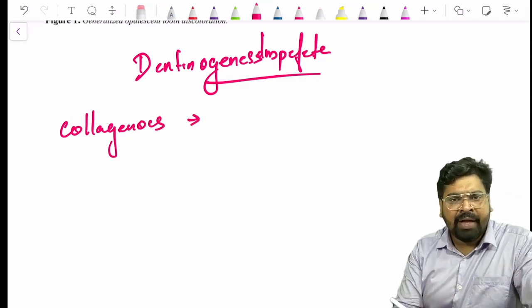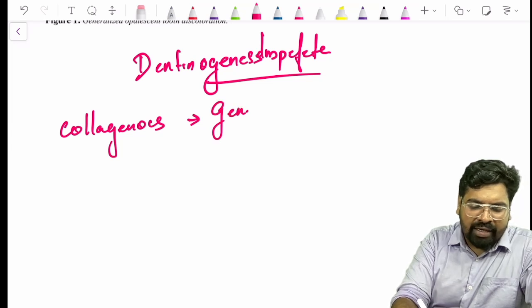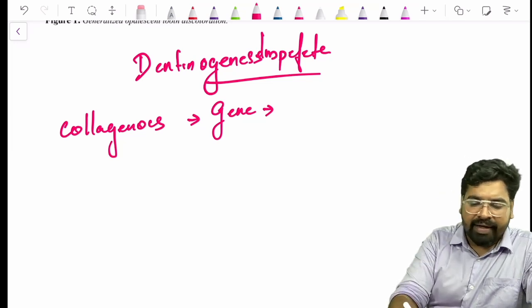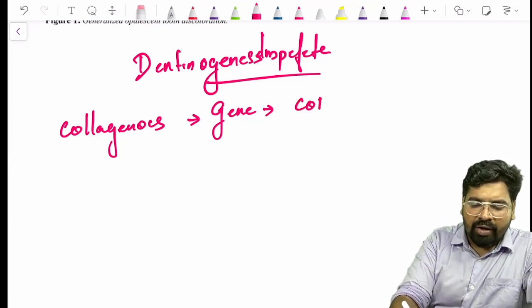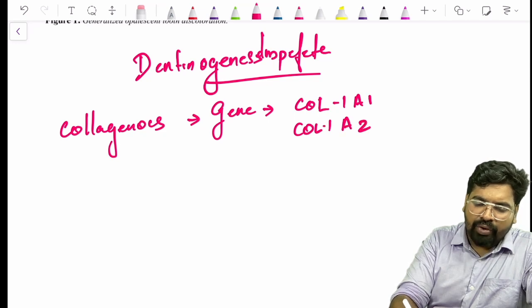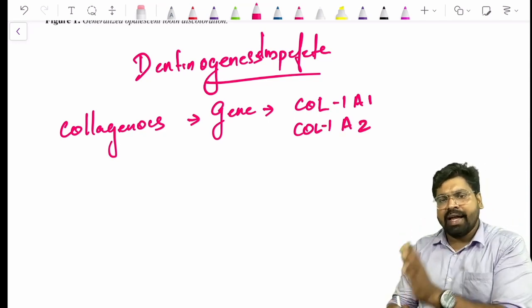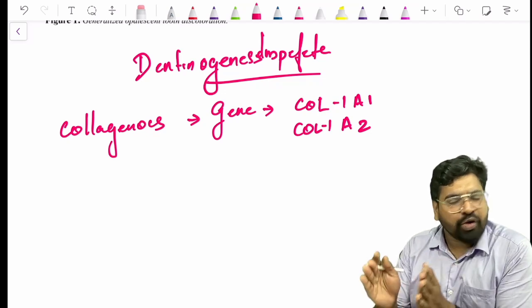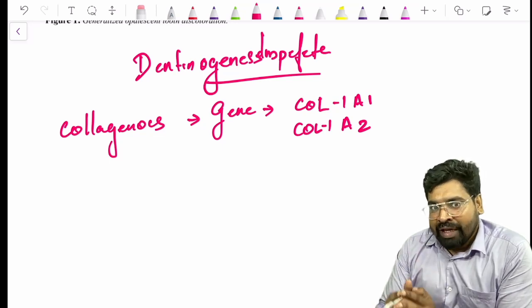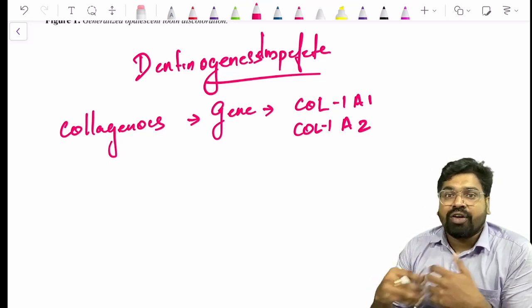The genes which are mutated are collagen 1A1 and collagen 1A2. These two genes are predominantly mutated, so that will cause a defect in the production of collagen.